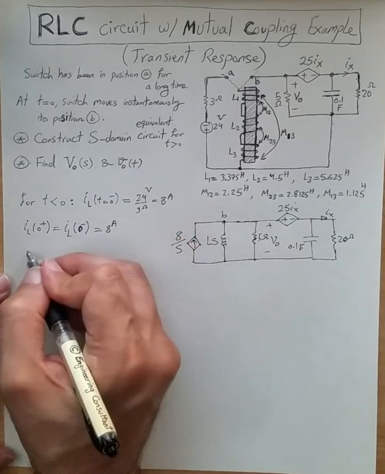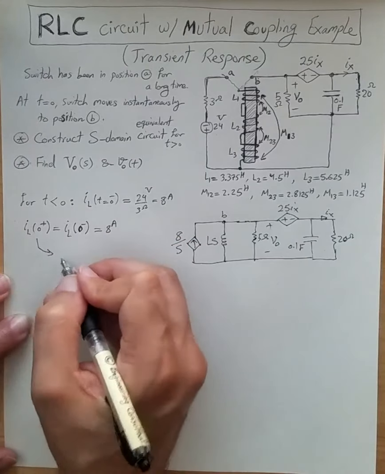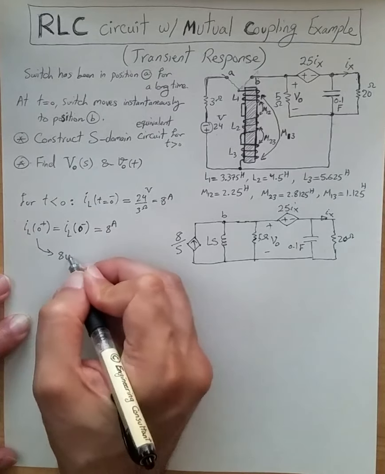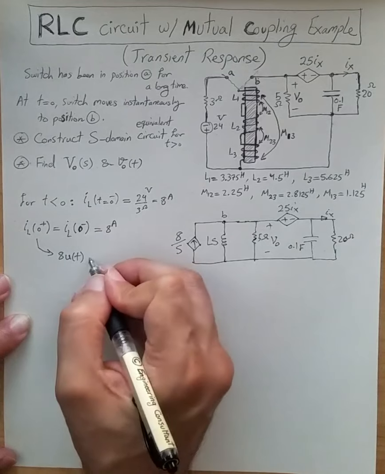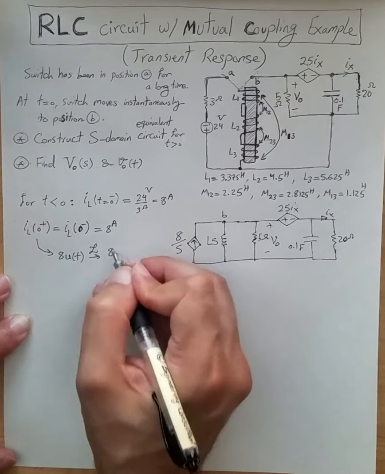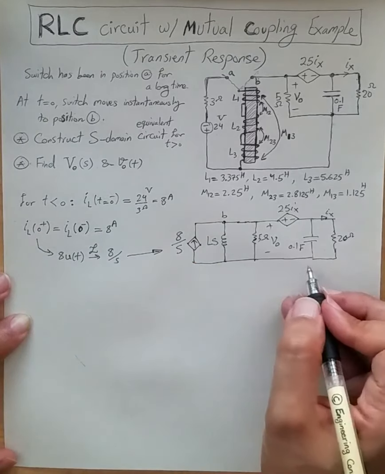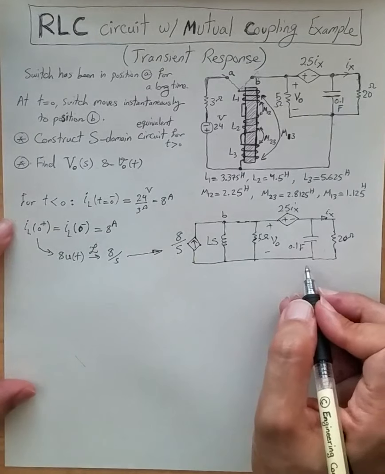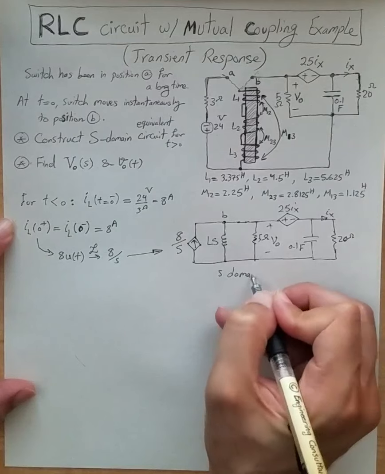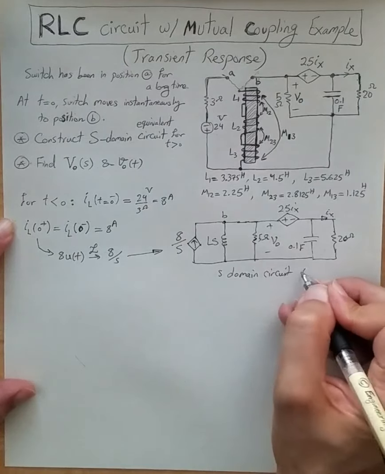And since we are modeling this current after time 0 in the form of 8 u(t), its Laplace domain representation is 8 over s, which is shown over here. So this is our S-domain circuit for time greater than 0.